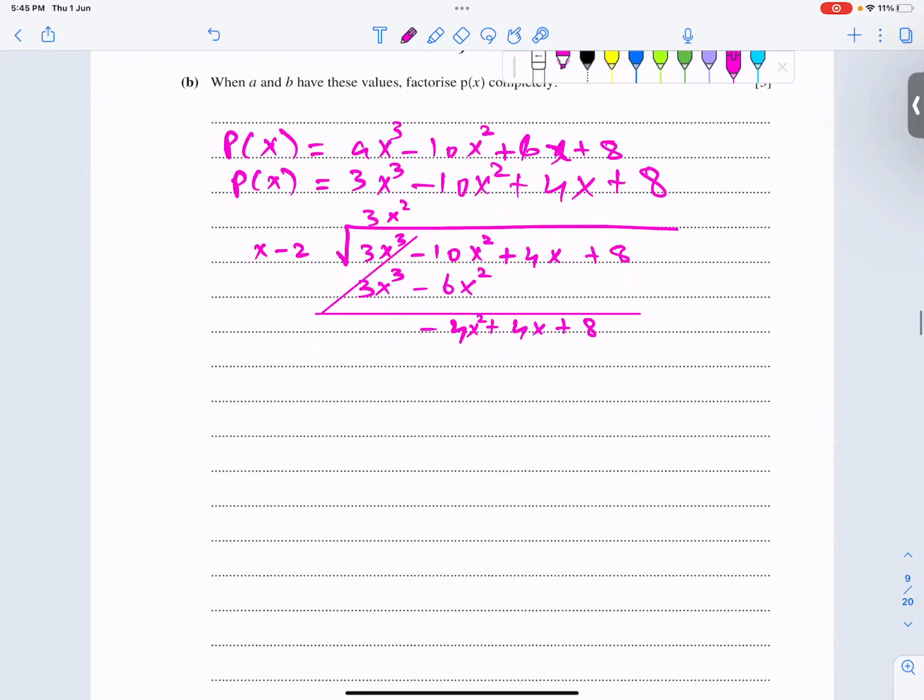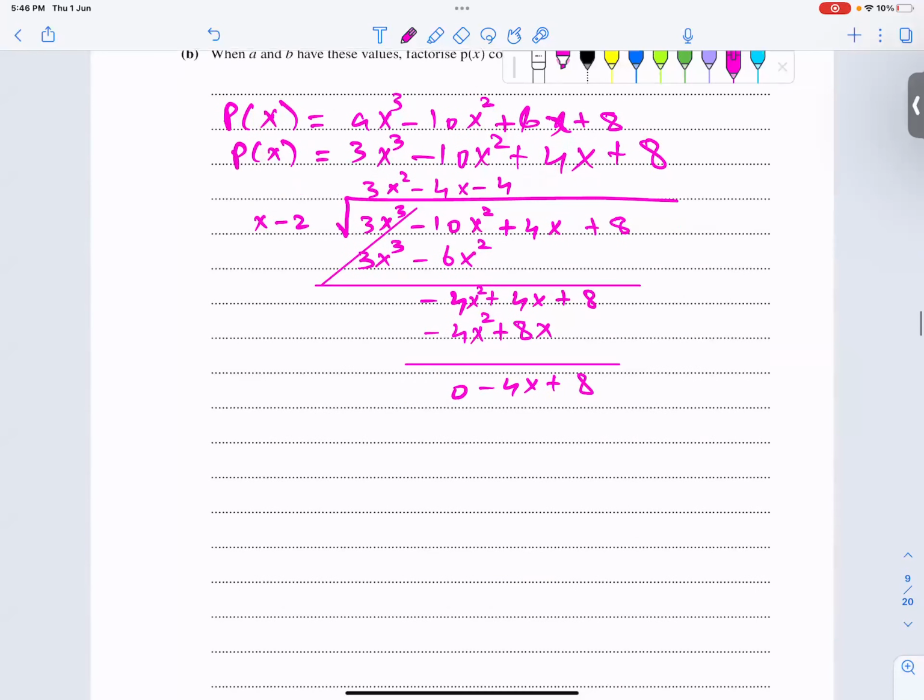Okay. Now we need minus 4x here. Minus 4x times x will be minus 4x square. Minus 4x times minus 2 will be plus 8x. Subtract it. This will be 0. 4 minus 8 will become minus 4x plus 8. Now multiply with just 4. This will become minus 4x plus 8. And the remainder will be 0.